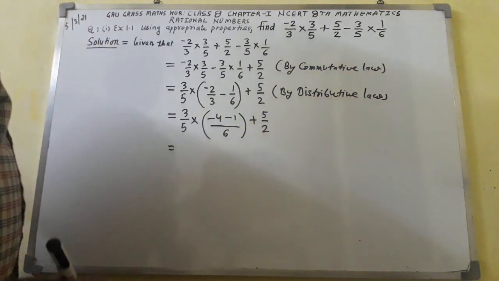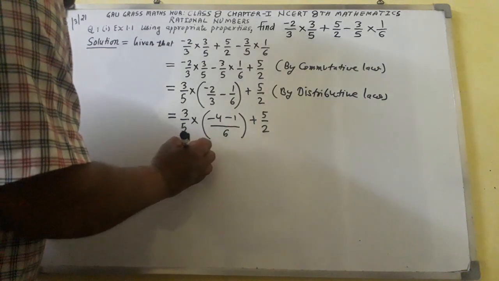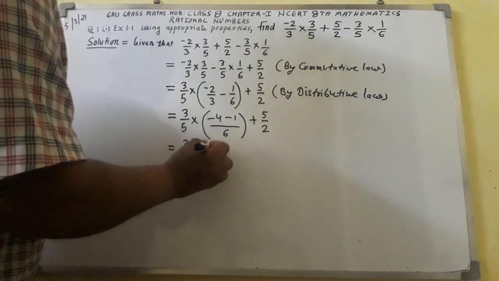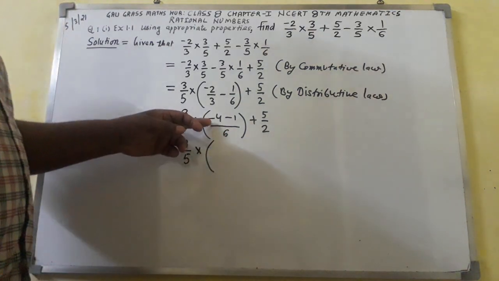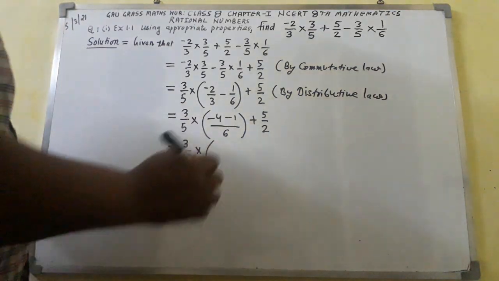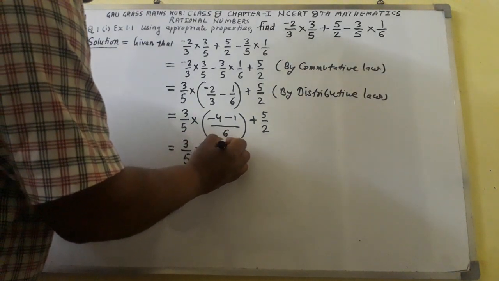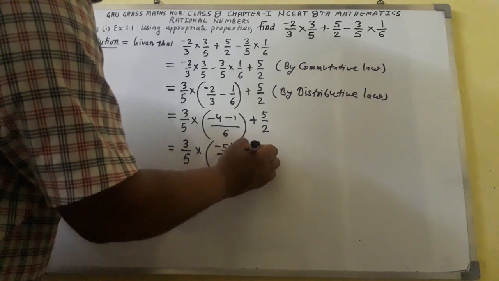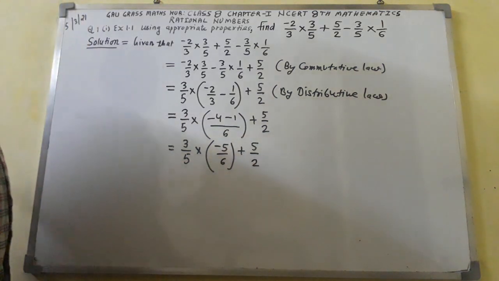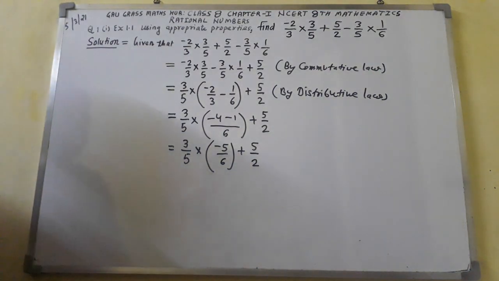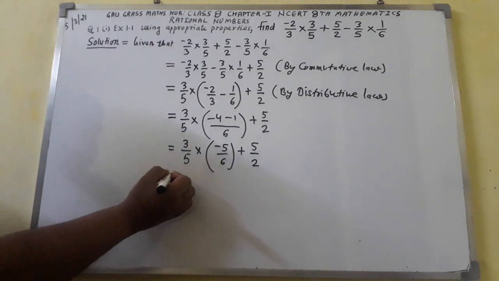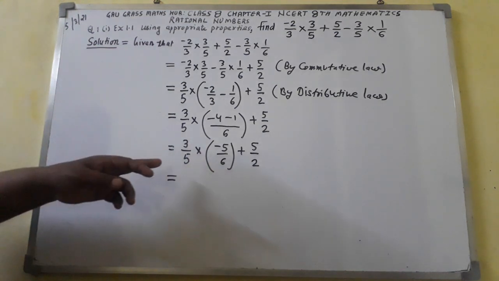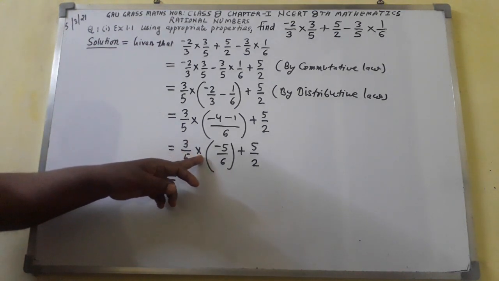Equal to, I shall write here 3/5 multiply to minus 4 minus 1, which comes out to here minus 5 over 6, plus 5 by 2. Here the multiplication sign is there.